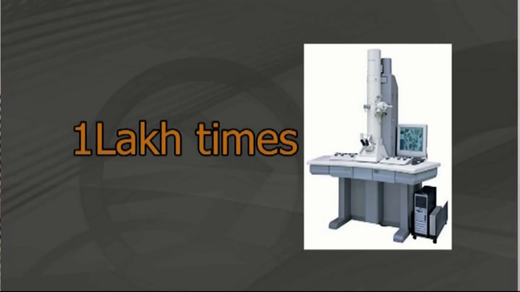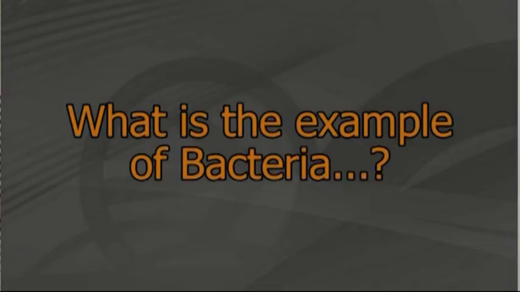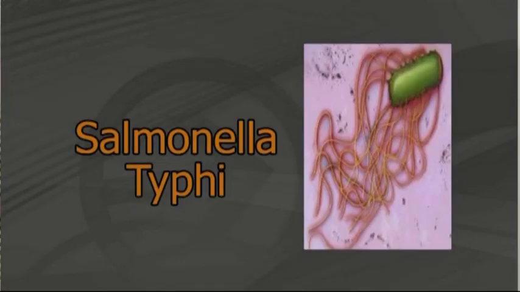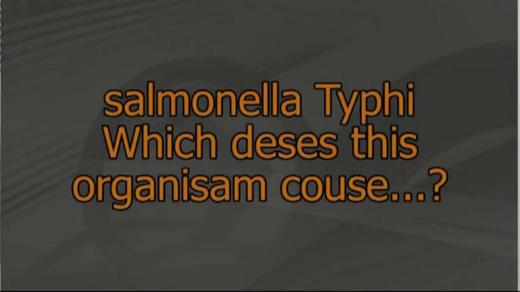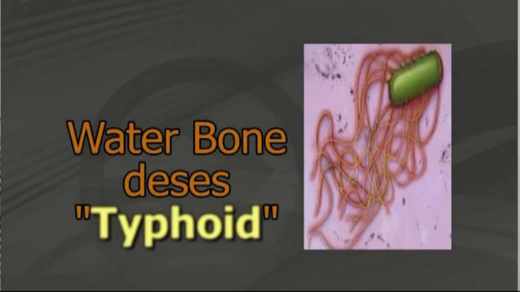It magnifies the size of viruses up to 1 lakh times. Can you all give me an example of bacteria which we have just studied? Very good. Salmonella typhi. Can you all tell me which disease this organism causes? Very good. Excellent. It causes a waterborne disease called typhoid in human beings.